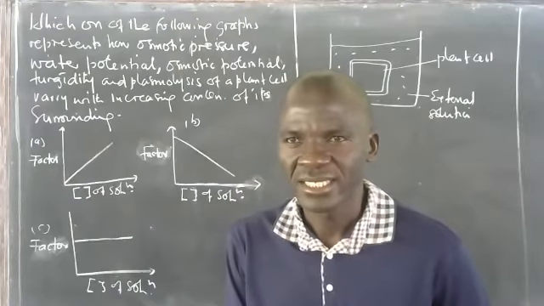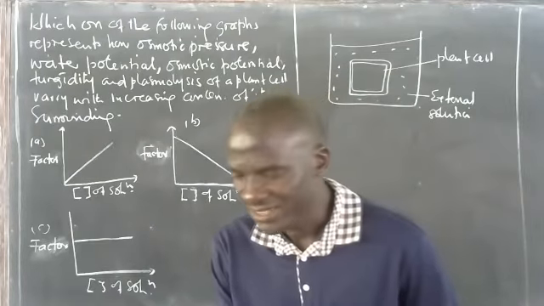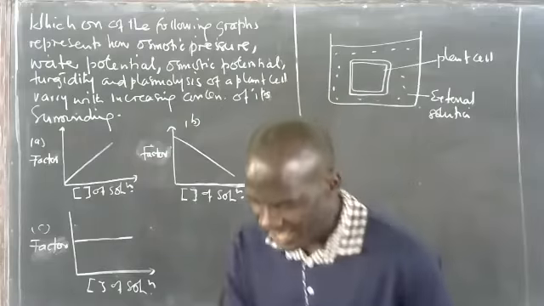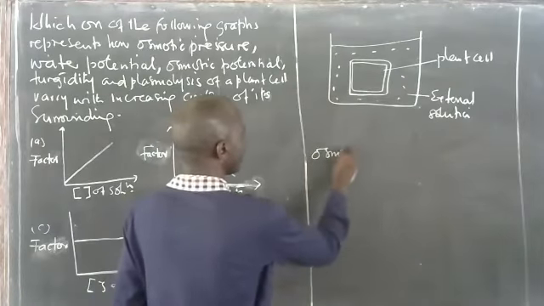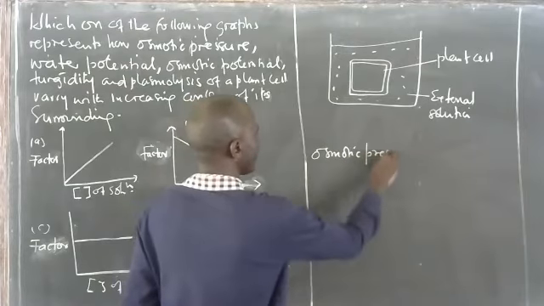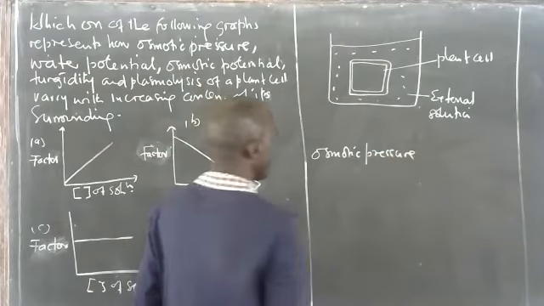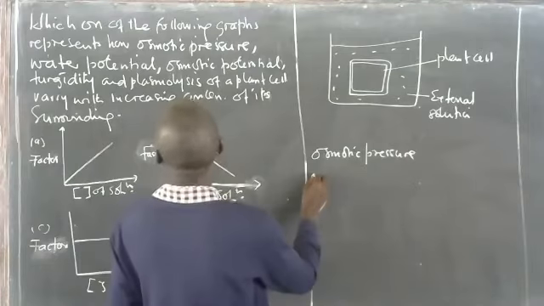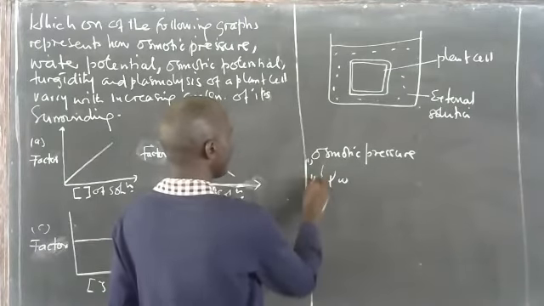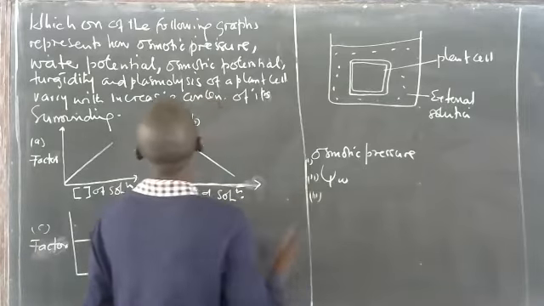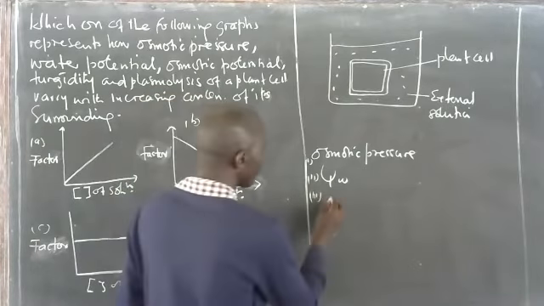It's graph A. Graph A. If I may put them here, osmotic pressure. We have water potential. The third one is osmotic potential.